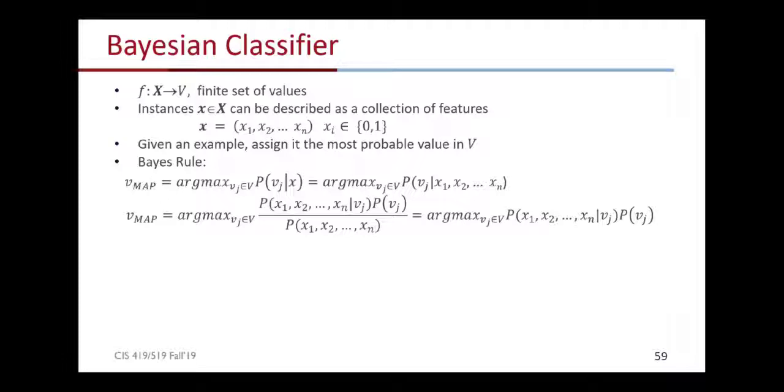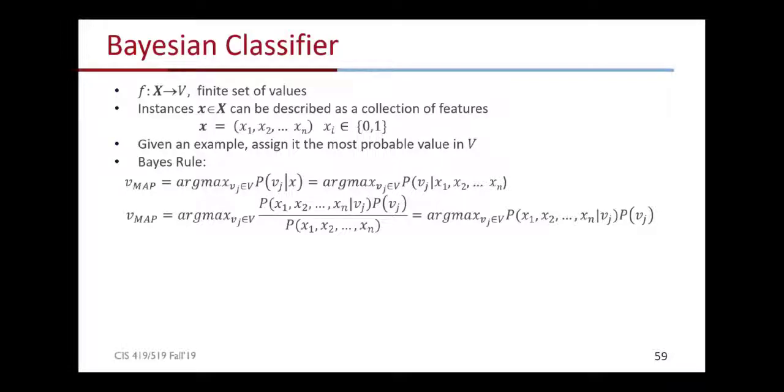Using Bayes' rule, that means we look at P of x given Vj times P of Vj divided by the probability of the data. Because we are taking argmax, we can eliminate the denominator and just take argmax over this.